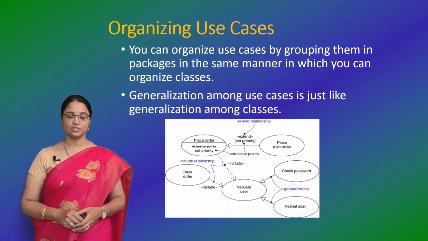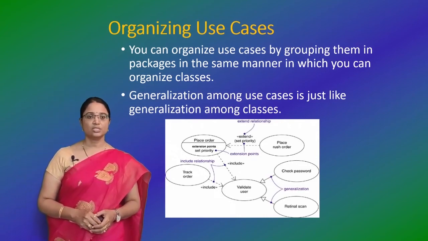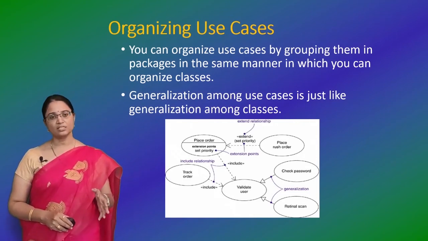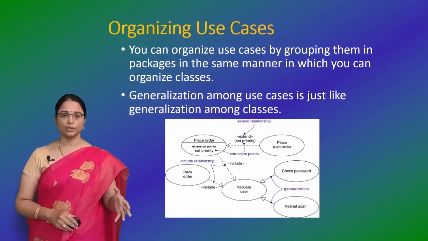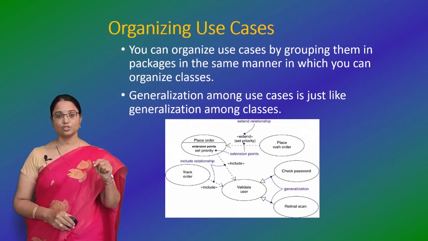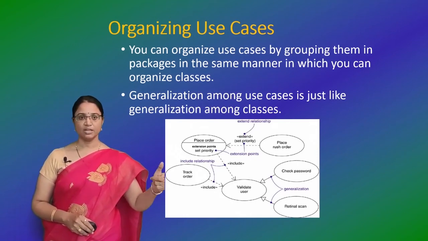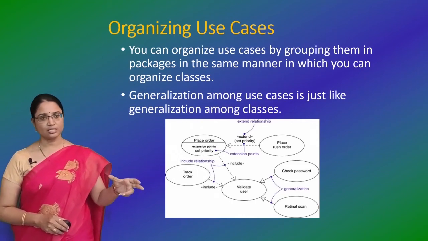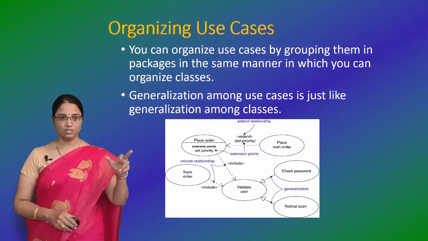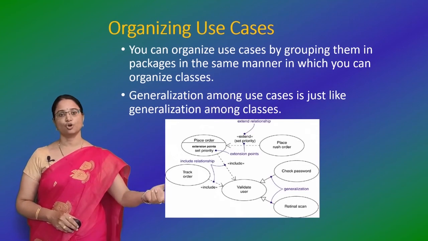If you want some extra features, then you can go for extend. So what does it mean? As a normal customer, you can place the order, that is included. If you are an Amazon Prime customer, you can have some more benefits in a similar way. So placing an order is common for all the customers. If you are special, then you can place a rush order.